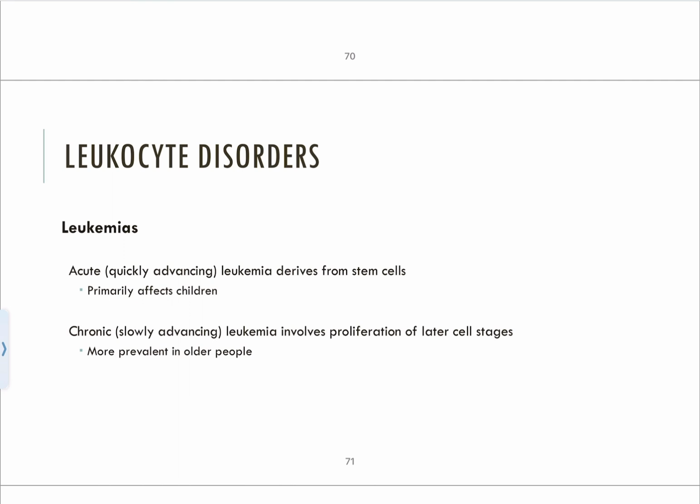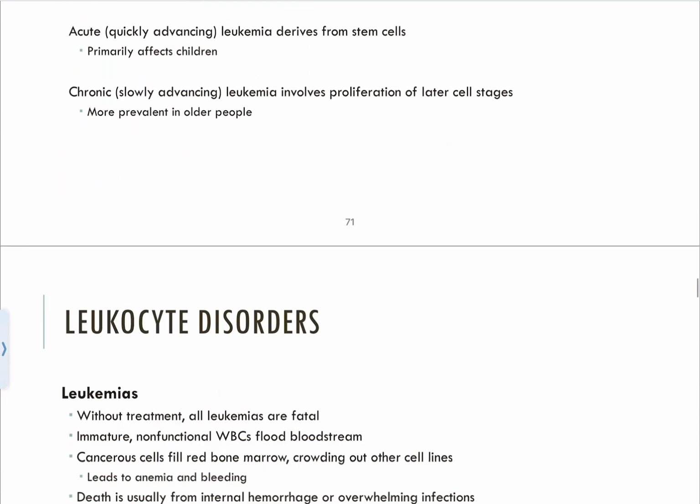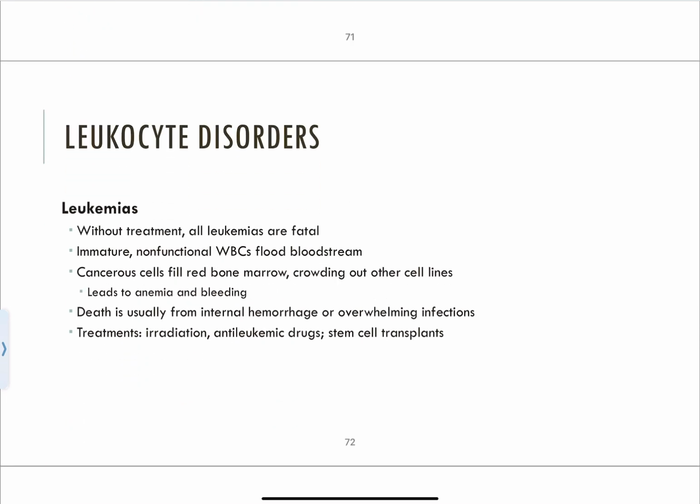But without any type of therapy, pretty much all leukemias are fatal. Again, if we're talking about leukemia, we're talking about immature or non-functional white blood cells flooding our bloodstream. We have cancerous cells that also fill our red bone marrow, which means they're going to inhibit the production of other cell lines, which can lead to anemia and bleeding.